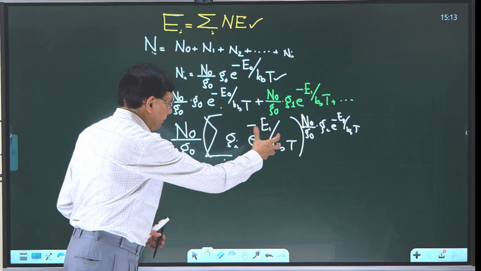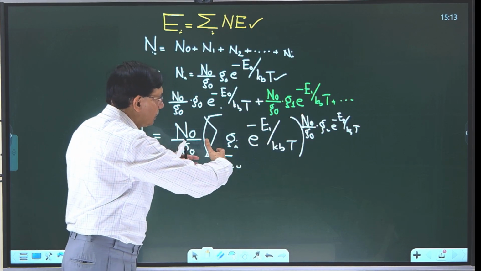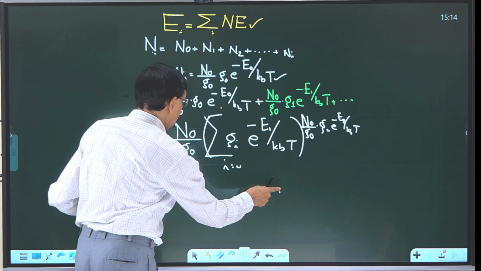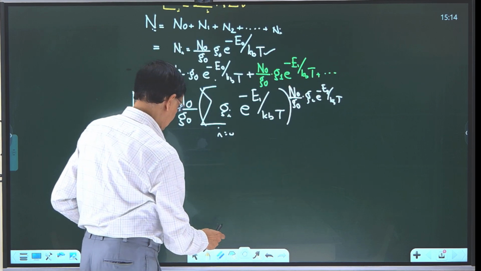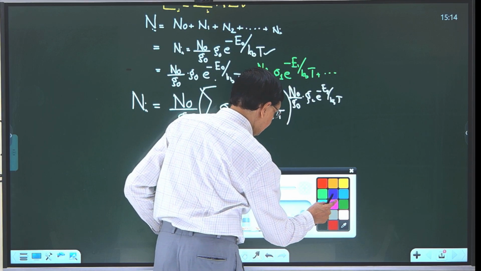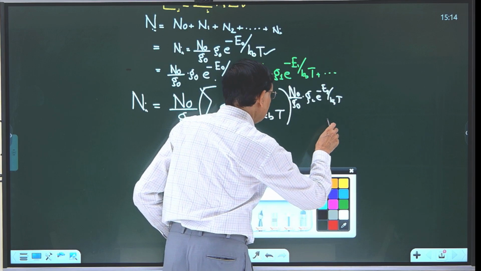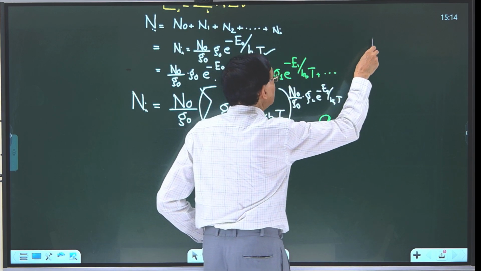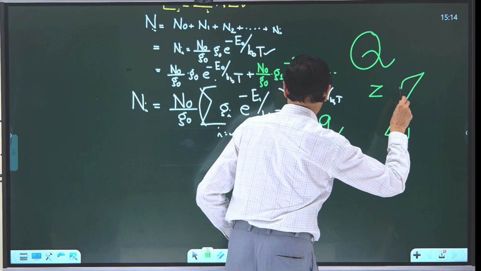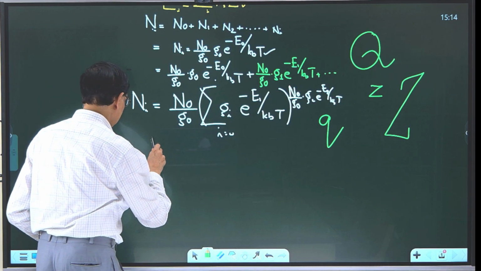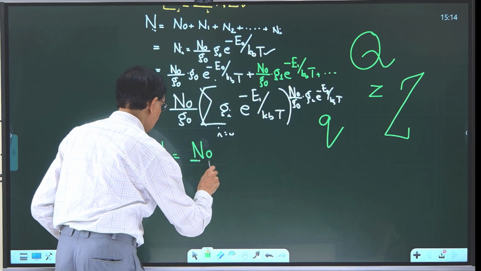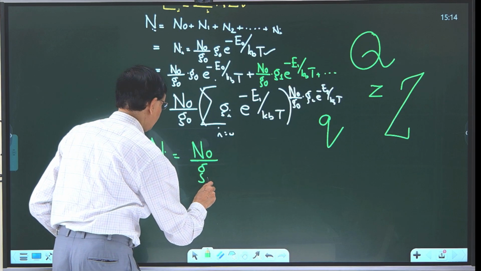So this term, the sum over the actual distribution of different energy levels, is actually Q. What should I write? Ni over N0 G0.